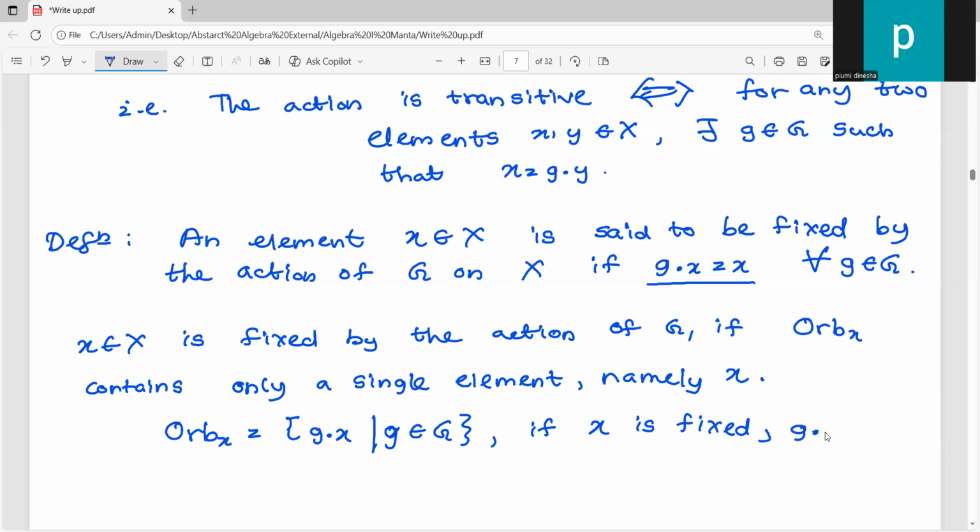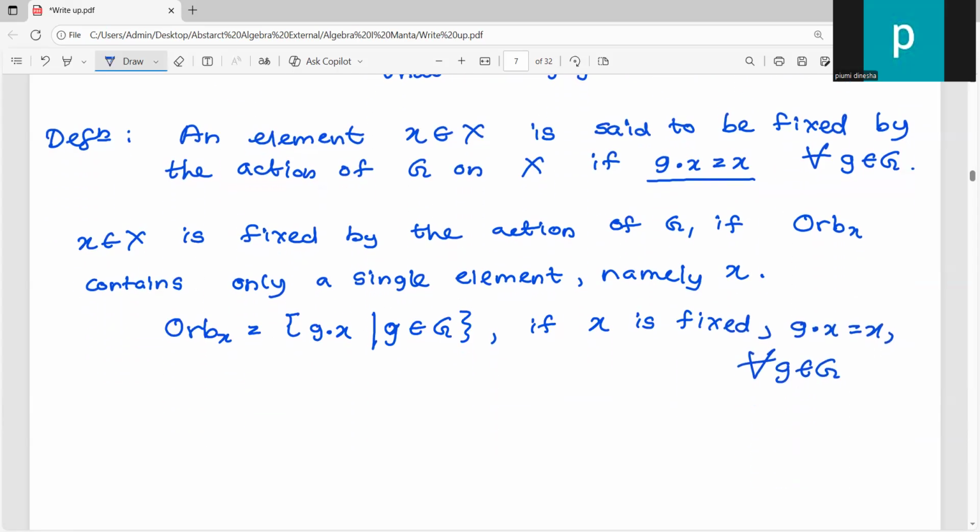Then G dot X will simply equal X for any G that you take from the group. So how many elements are there in this set? It will simply contain X, because no matter which G you pick, G dot X will always end up being X. So the orbit in this case would be the singleton set containing this particular element X.